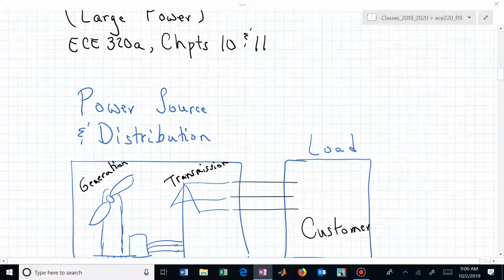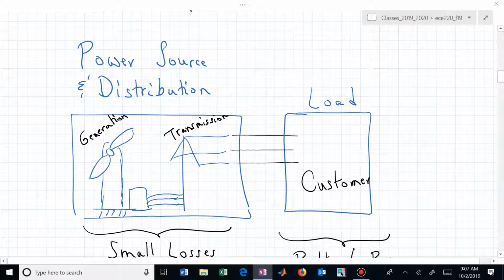Put that in your memory bank and just realize that there's two sort of scenarios when we're trying to push power from one entity to another. In 320, it's these large generation, transmission, then how do you get that to the customer idea.